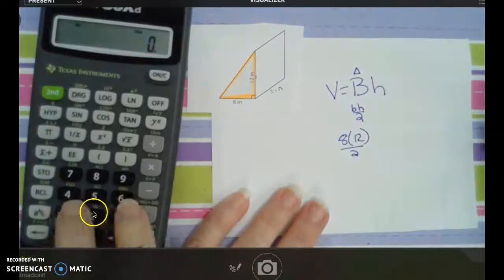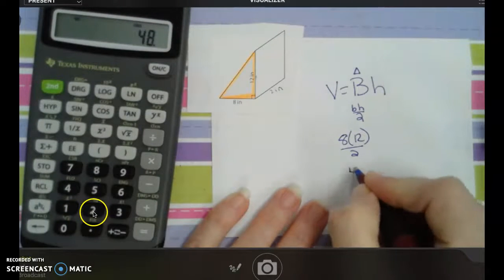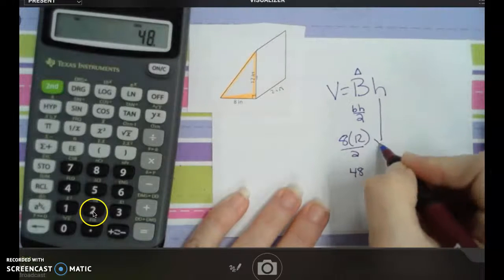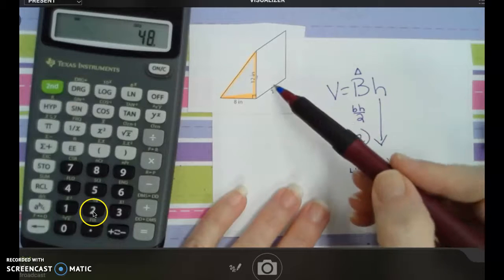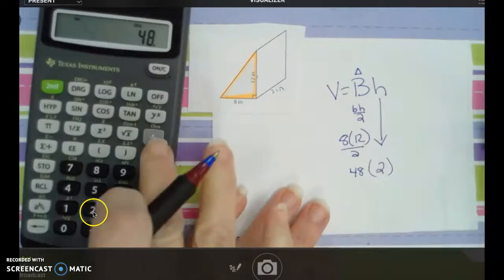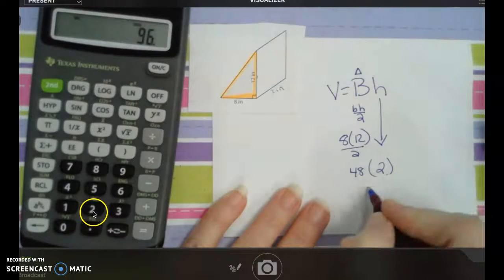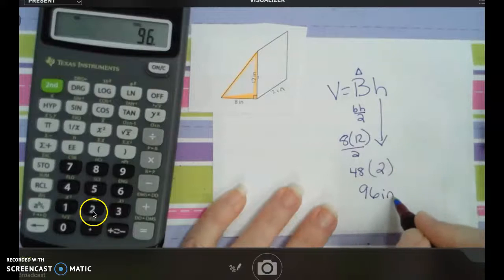So 8 times 12 and then divided by 2, and we get 48. Now we have to multiply that by the height of the triangular prism, which in this case is 2. So 48 times 2 is 96. And we did inches, inches, and inches, so that's cubic inches.